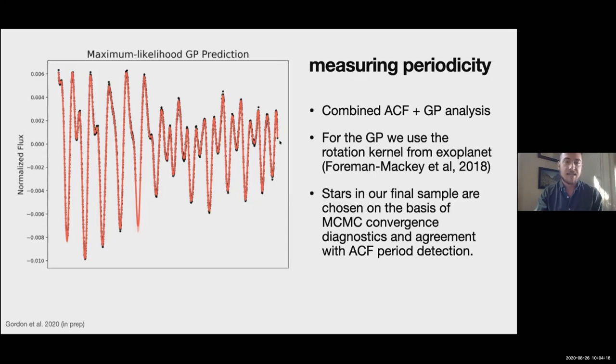We then used a Gaussian process rotation model using the rotation kernel, and we ran MCMC on that model. We then vetted the sample based off of how well converged the MCMC was for individual stars and based off of the agreement between the autocorrelation function period determination and what we get from the GP model.